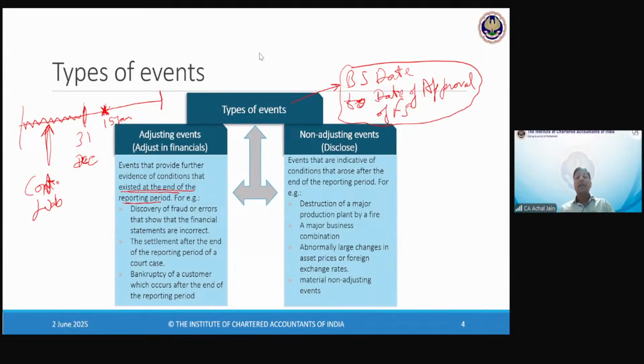But in respect of this event which has taken place after the balance sheet date, can we say that there was some condition related to this matter which existed during the reporting year as at the balance sheet date? Can we say that or not? Quickly, over to you.